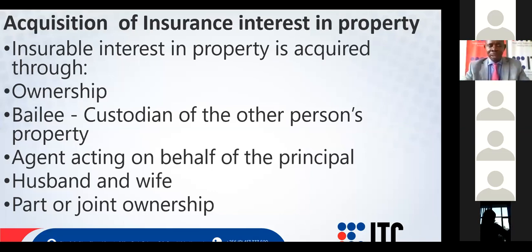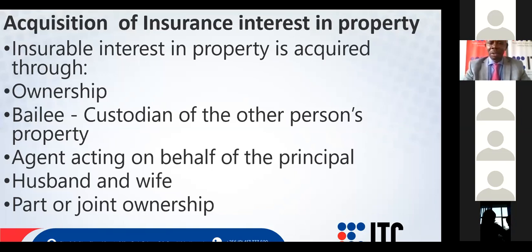You've seen, guys, you bring your car, you take it to a bonded warehouse. The bonded warehouse is free to insure your car, for the reason that if there is a loss, they'll stand to be accountable. So they can insure your car, right? Much as they are not the owner of the car. So a bailee or somebody who is a caretaker or a custodian can have insurable interest, because the loss of that property can prejudice them or create some negative anxiety if it is lost. So you can insure his property.